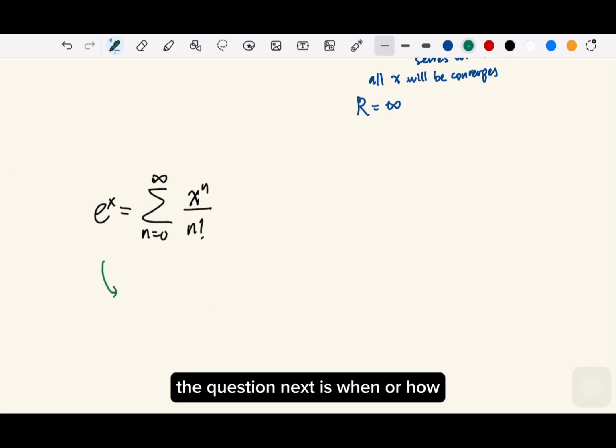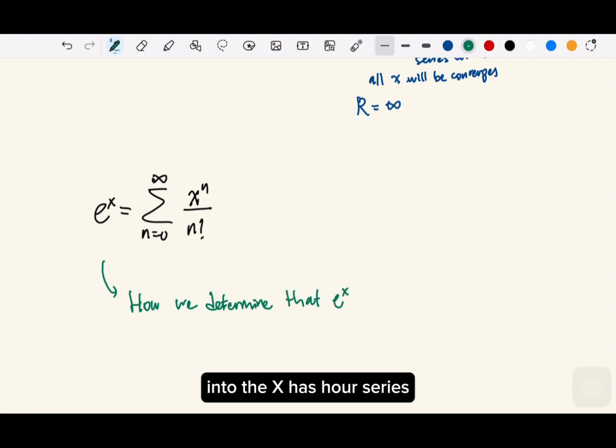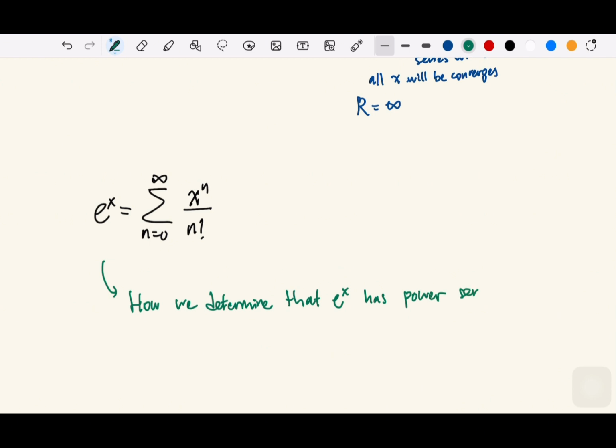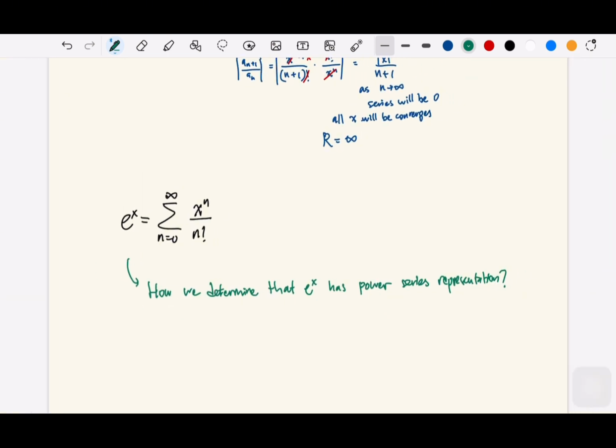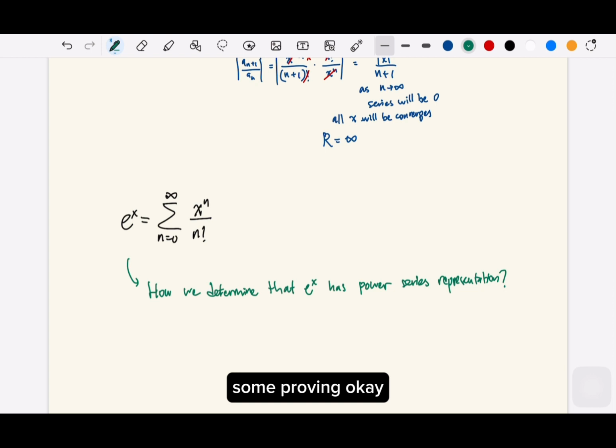The next question is when or how we determine that e to the x has a power series representation. Of course this is going to involve some proving.